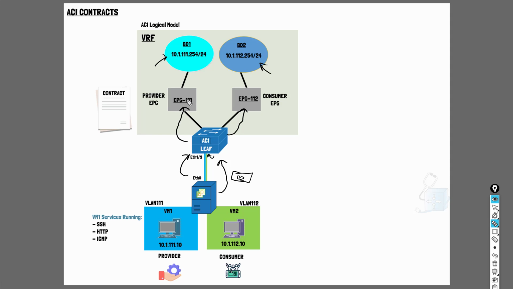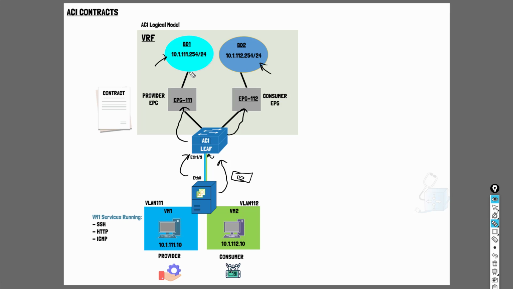Now both these EPGs need to be bound to a bridge domain. The bridge domain could have been the same, and truth be told, I was planning to do this lab with only one bridge domain, but just for simplicity's sake, I said, okay, let's make two bridge domains so that it is easy for you guys to understand.